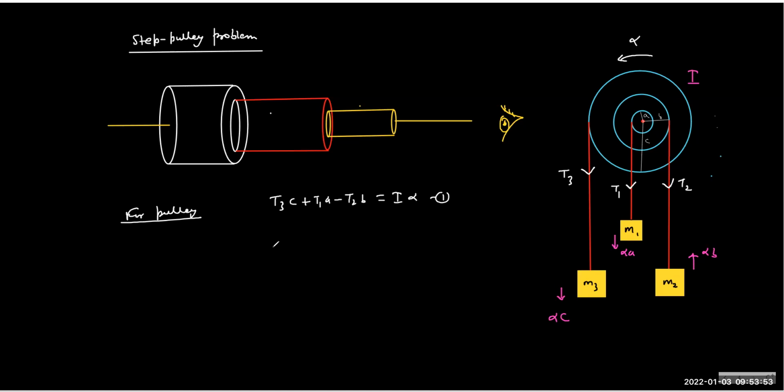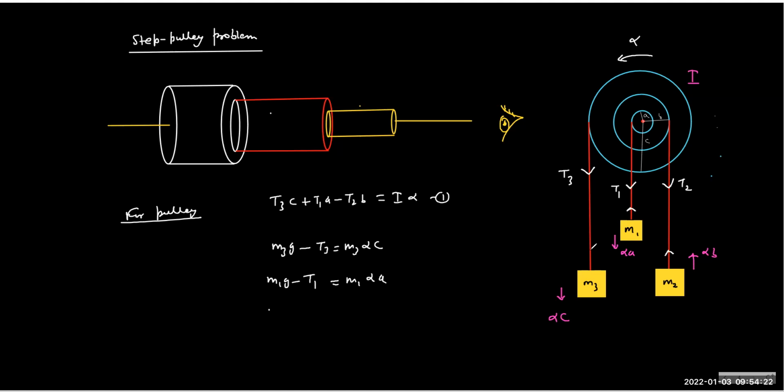So it's easy. M3 g minus T3 equals M3 alpha C. And M1 g minus T1 equals M1 alpha A. And the last one, it's going up, right?